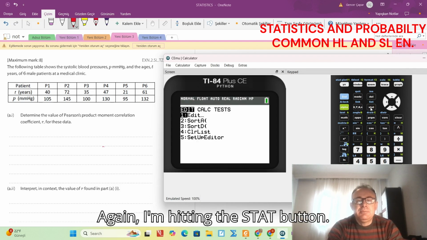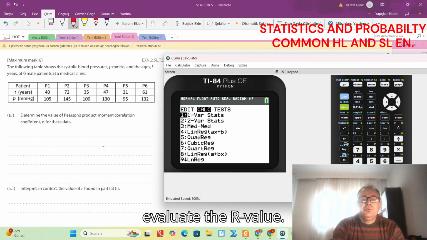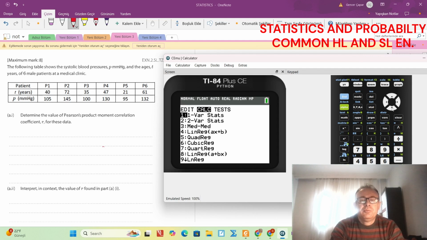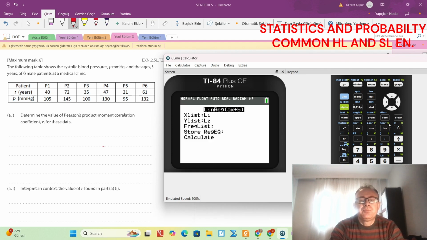Again, I'm hitting the stat button. We entered these values. Now we will evaluate the r value. I'm entering the linear regression option and then calculate.